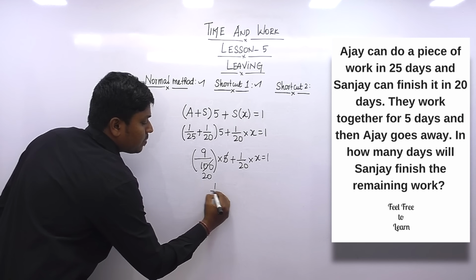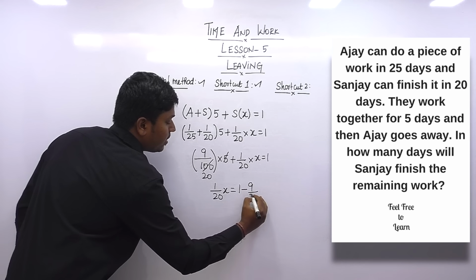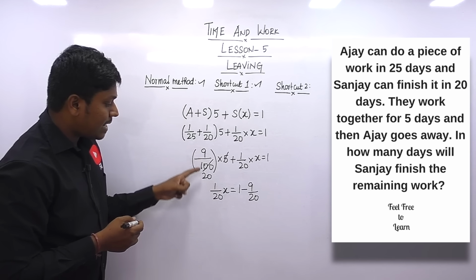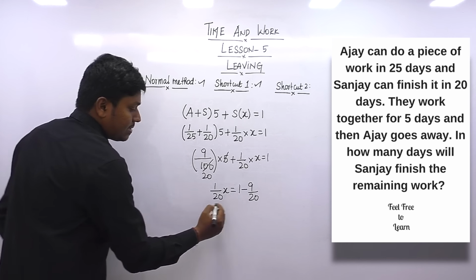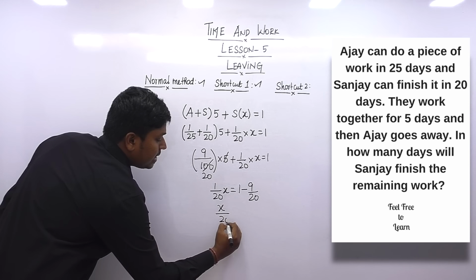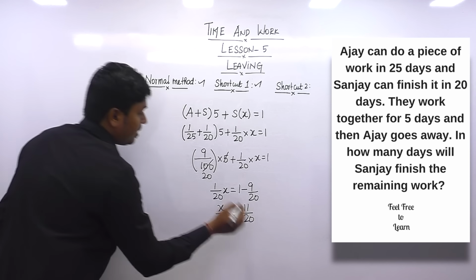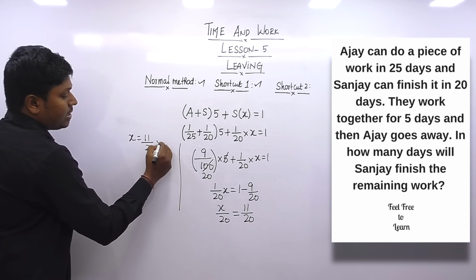So we can say 1 by 20 X is equal to 1 minus 9 by 20. Can you understand this step? What I have done is I have brought this 9 by 20 to the right hand side. It becomes minus 9 by 20. So this can be written as X by 20 is equal to 20 minus 9, which is 11. So 11 by 20. So finally X is equal to 11 by 20 into 20.